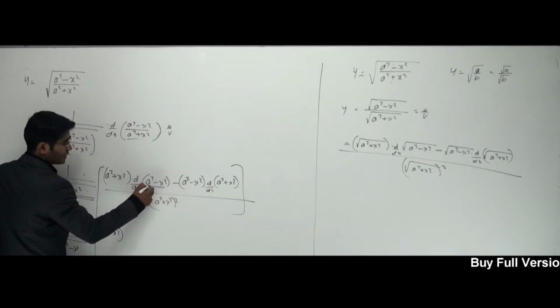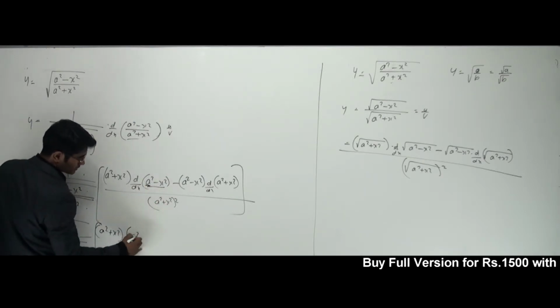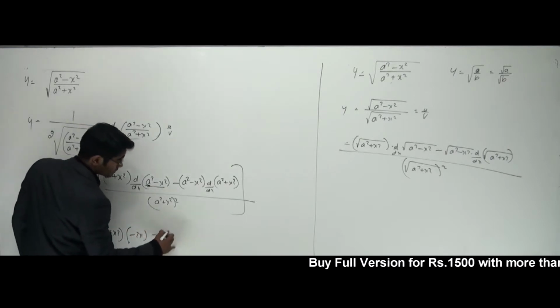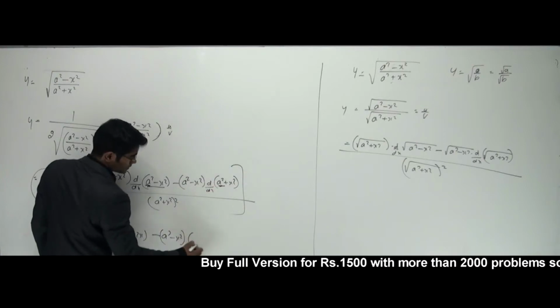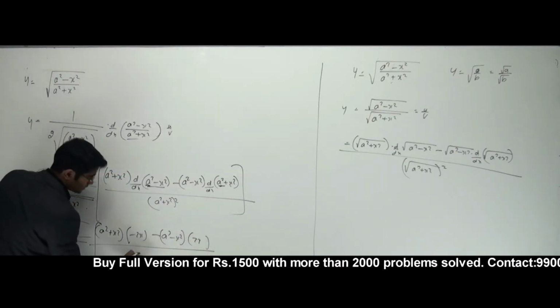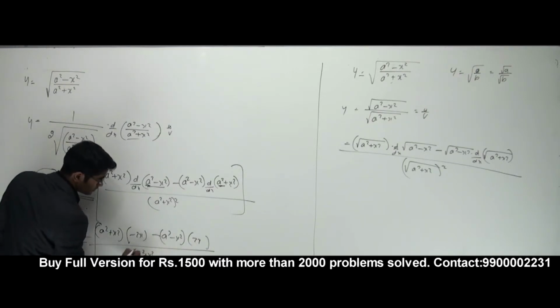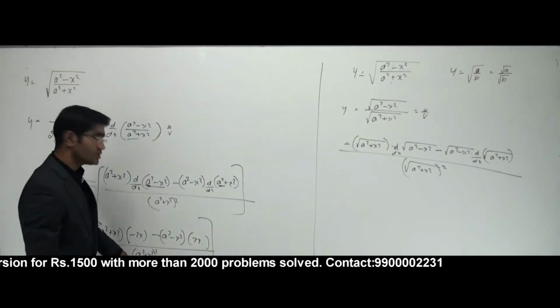A squared is a constant, so I'll differentiate it as 0, and this is minus 2x. Minus of a squared minus x squared, and here a squared is again a constant, so the differentiation of x squared is 2x, and the whole thing divided by a squared plus x squared, the whole squared. That's it. So you can simplify this to get the answer.